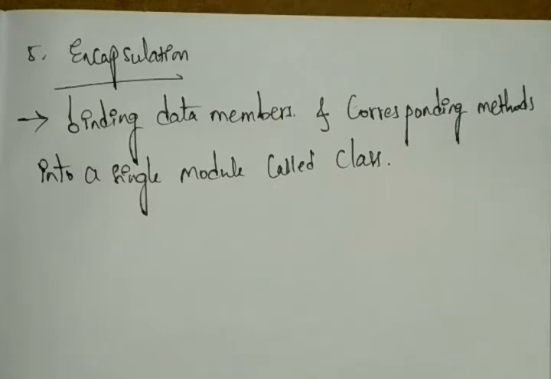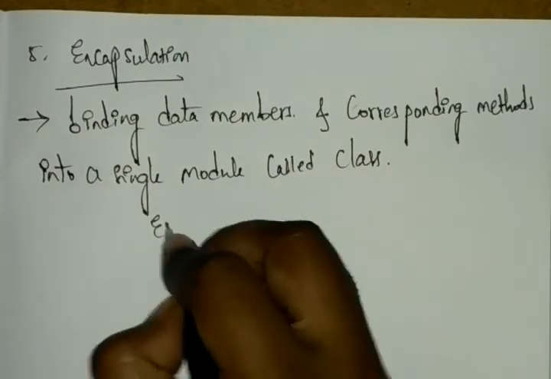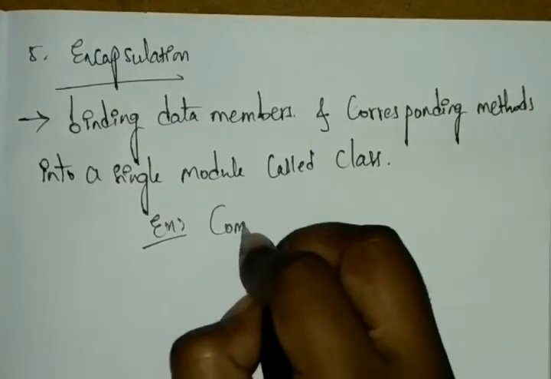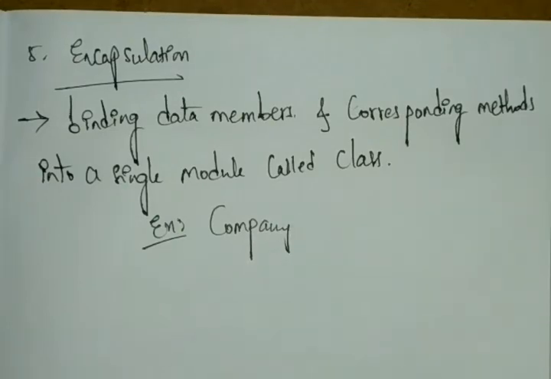Suppose, for example, in our real life we have a company. For example, here I'm writing companies. In that company you have account sections, financial sections, sales sections, anything you can choose.